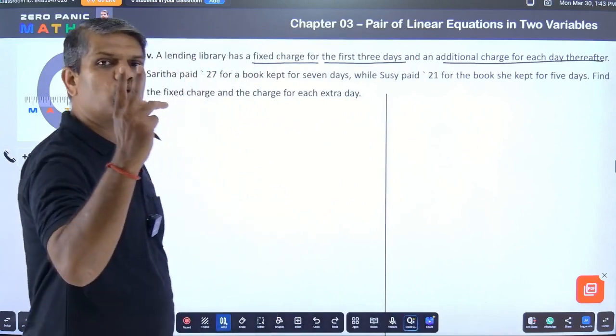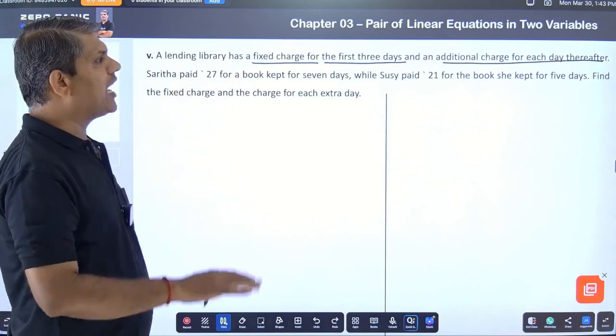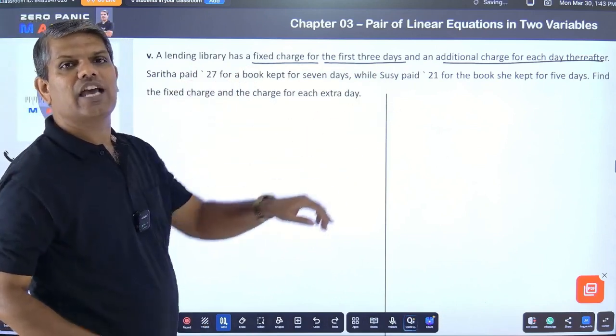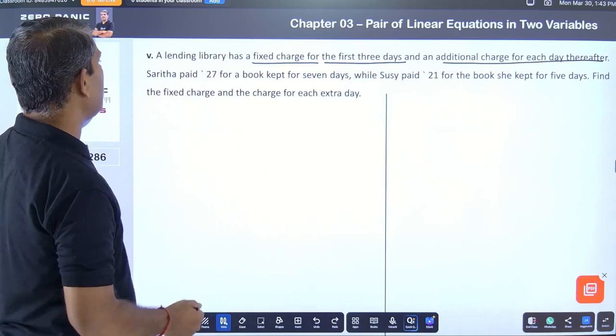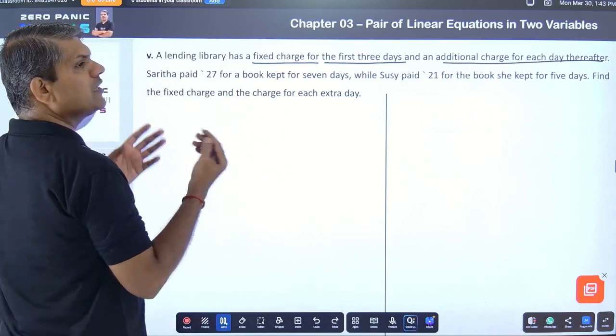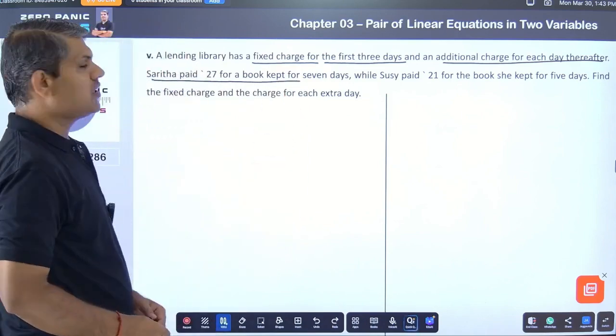These are the two values that we need to consider, assuming x is the fixed charge and y is the additional charge per day. Now what is the statement that gives us the equations?